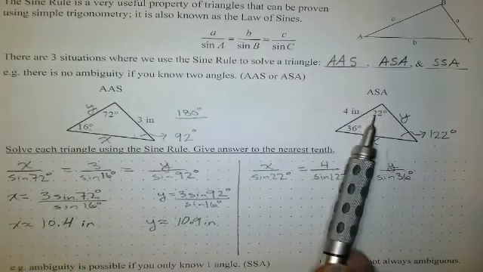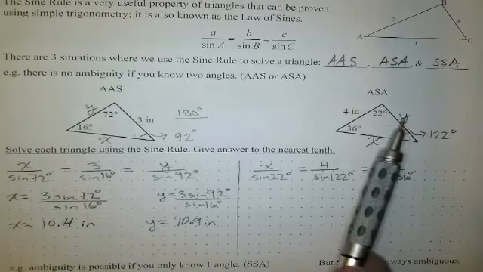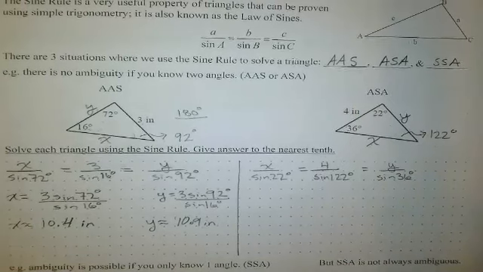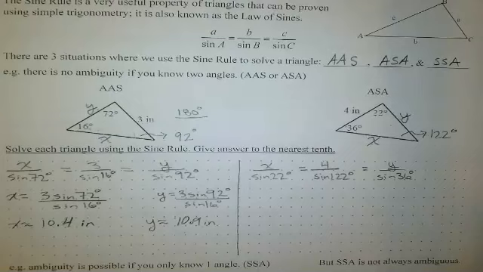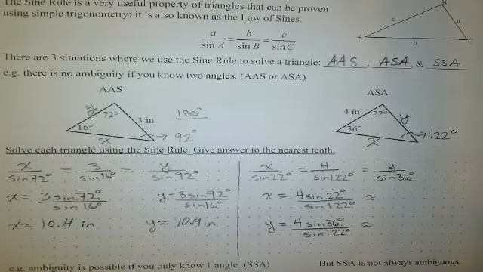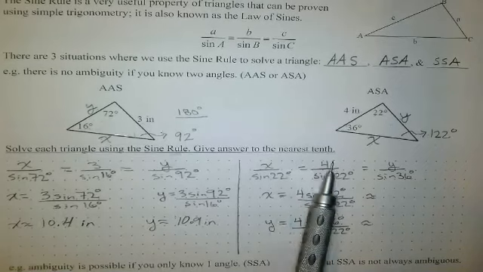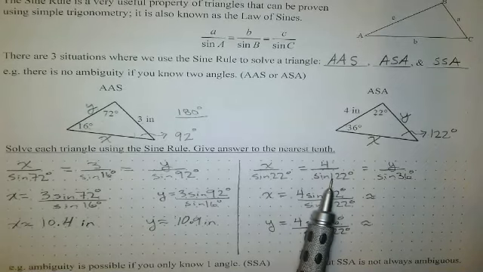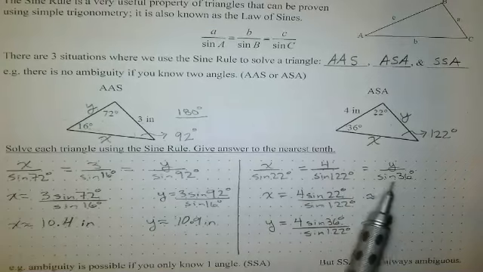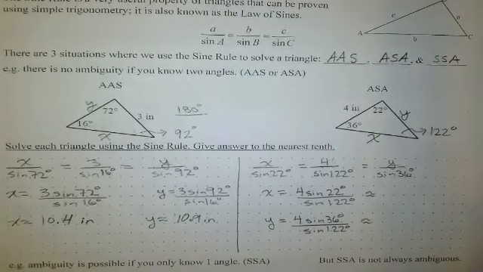The side over the sine of the angle, side over the sine of the angle, side over the sine of the angle, and I want to find the missing side lengths so I can solve the triangle. So I set up my equations. Here I have 4 sine 22 divided by sine 122, and over here 4 sine 36 over sine 122. Put those into my calculator.